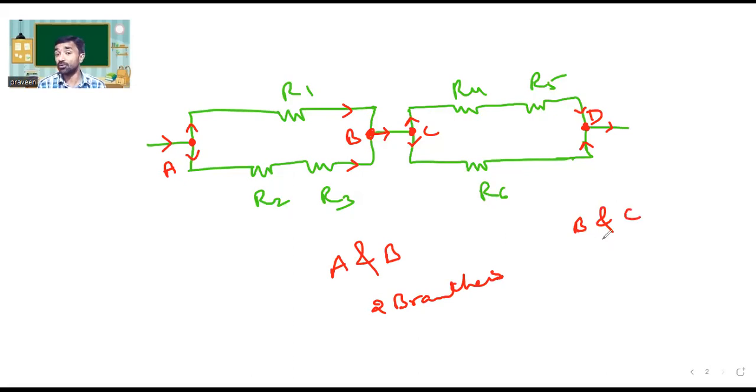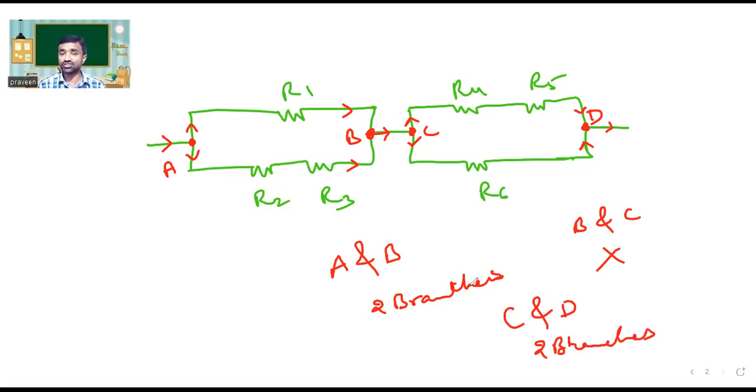No component is given, right? So no use. If there is any component in this single path, that's said to be in series combination, right? Nothing is there. Then between C and D, yes, you have 2 paths. There are 2 branches, right?